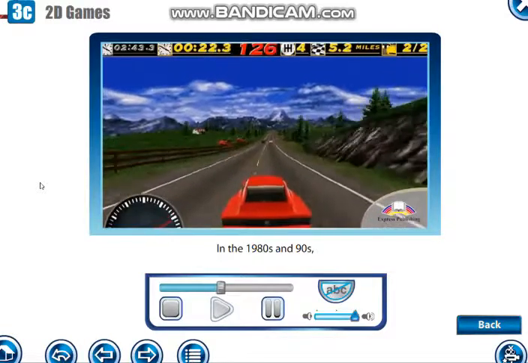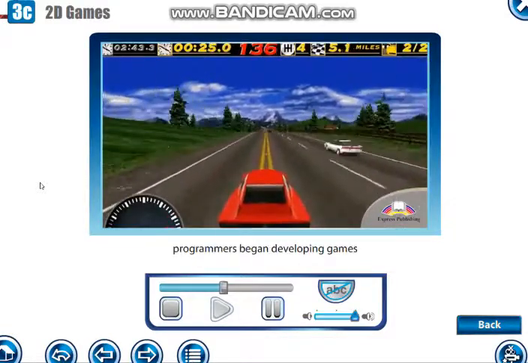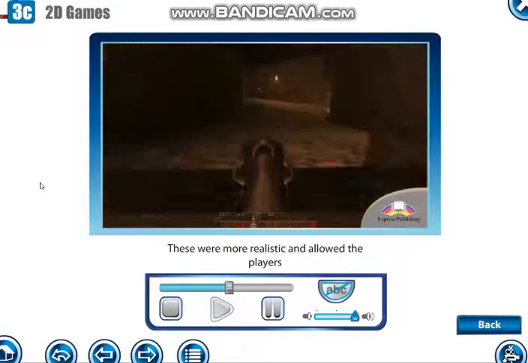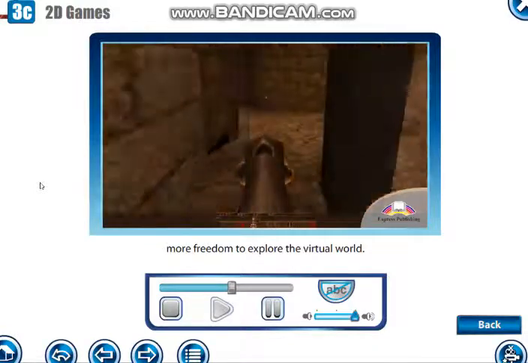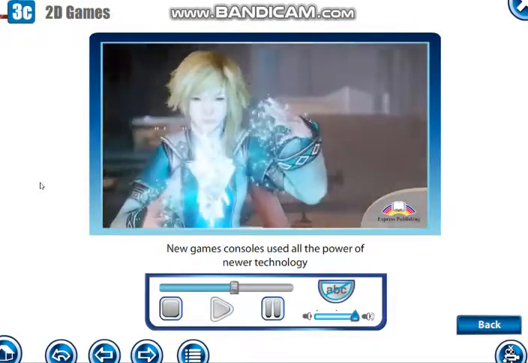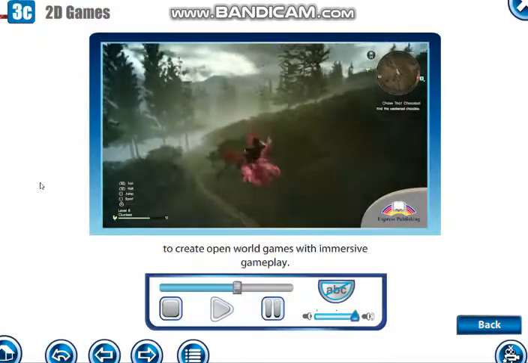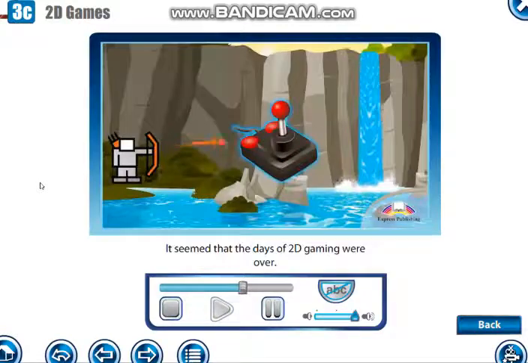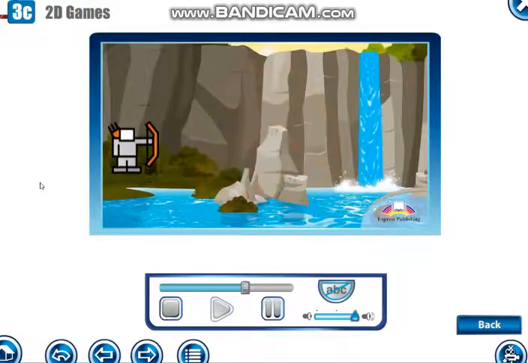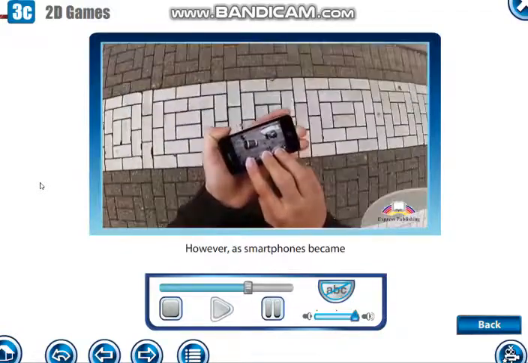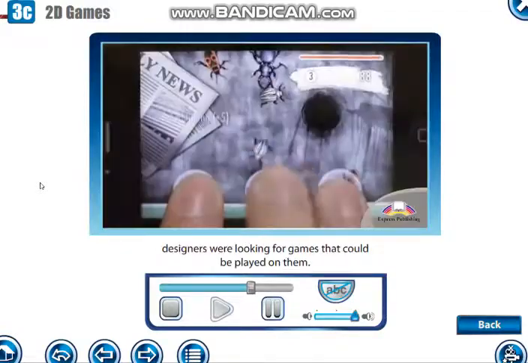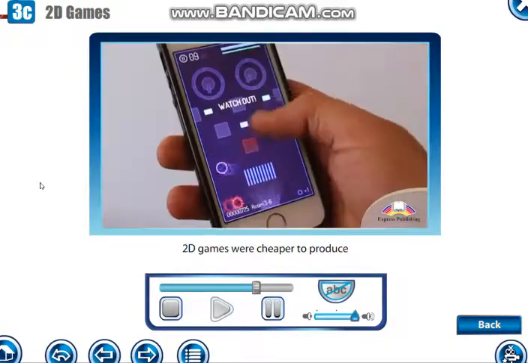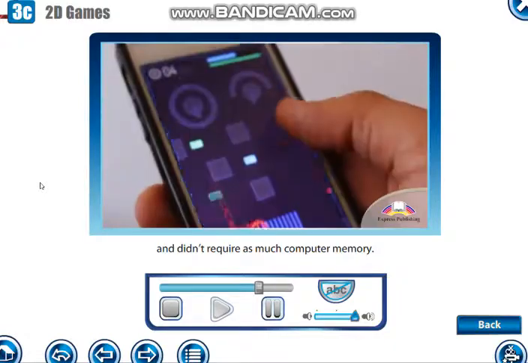In the 1980s and 90s, programmers began developing games with 3D computer graphics. These were more realistic and allowed the players more freedom to explore the virtual world. New games consoles used all the power of newer technology to create open-world games with immersive gameplay. It seemed that the days of 2D gaming were over. However, as smartphones became the must-have gadget for the new millennium, designers were looking for games that could be played on them. 2D games were cheaper to produce and didn't require as much computer memory.